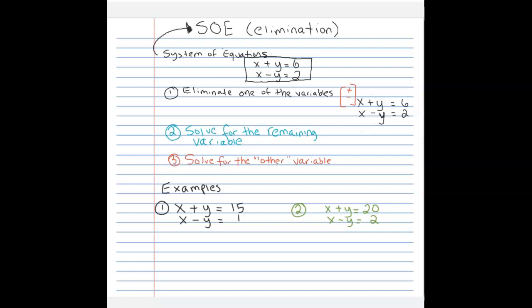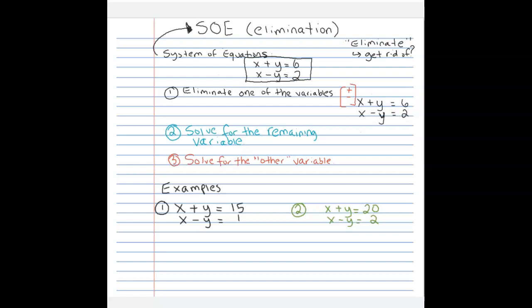When I think about elimination, I think about eliminate. What do I want to get rid of? We always want to think about something that we're going to get rid of.